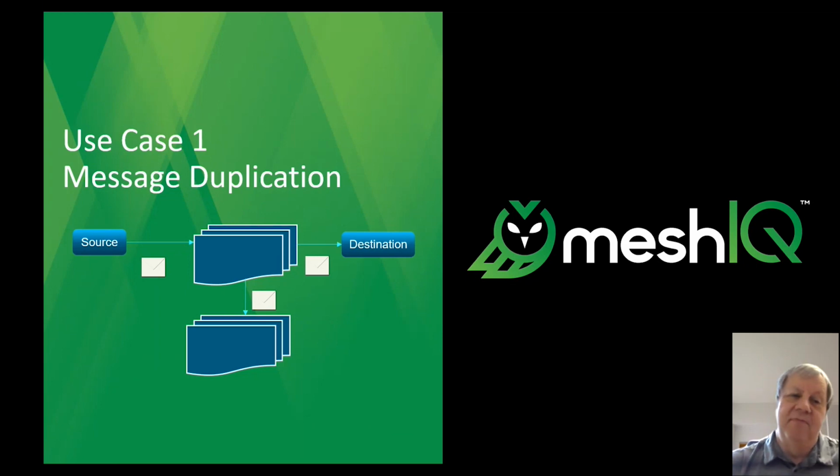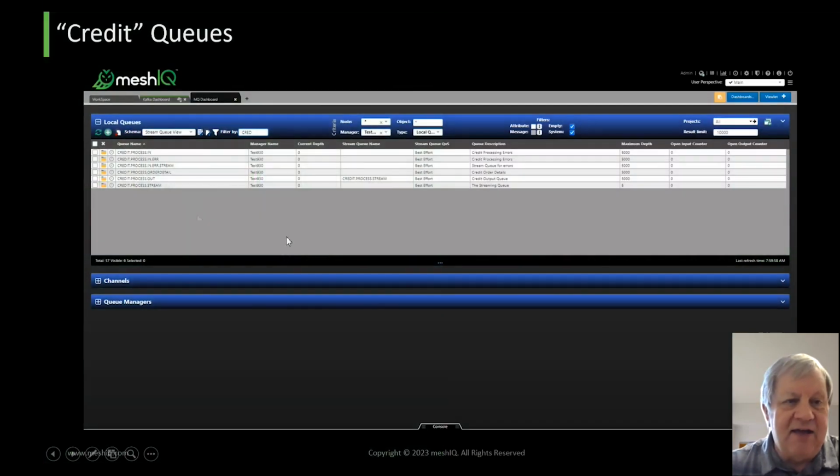Okay, so our first use case, elaborating on the same one we just did, is message duplication. We're going to end up with multiple messages out. I'm going to work with a set of queues, these called credit queues, which are just a sample application that I made up.